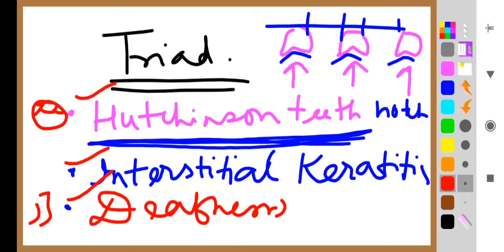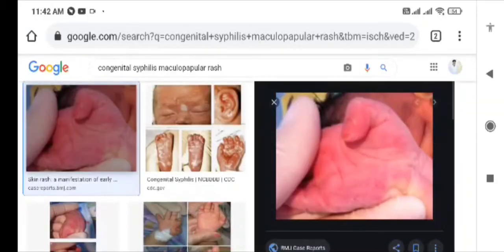So now let me show you the pictures of some important features of congenital syphilis, so that you can understand it properly. Now look at this. On the right side, you see the baby's hand.